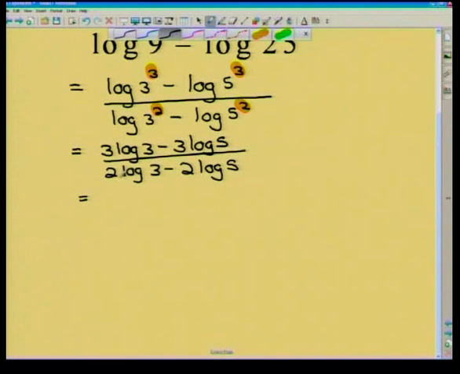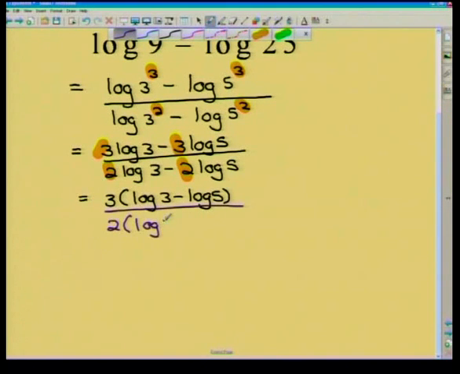So over here we're going to take out our 3 as a common factor, leaving me log 3 minus log 5. Just to emphasize it, I'm taking that out as a common factor and that out as a common factor. And underneath here I'm going to take out a 2 and I'm left with log 3 minus log 5. Now notice the brackets are identical, which enables me to cancel, and my answer is 3 over 2.